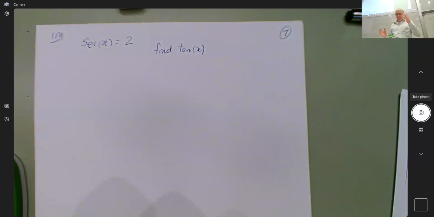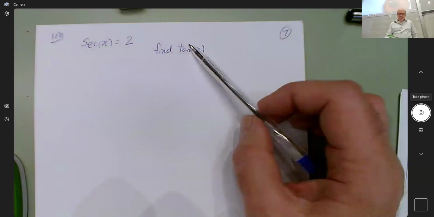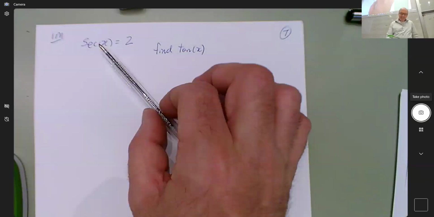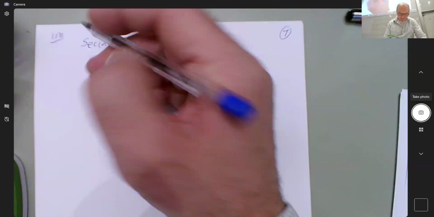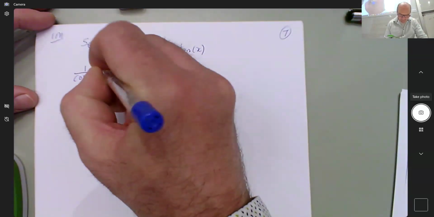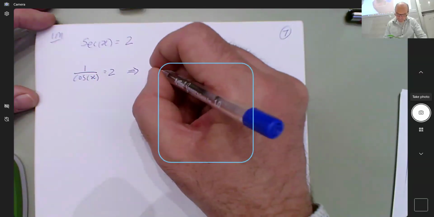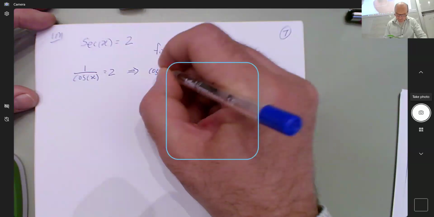Okay, so what is my plan? Right, so this one here I need a sine and a cos. This is 1 on cos. Maybe I should start there. 1 on cos of x is equal to 2. And that very nicely leads me to cos of x.